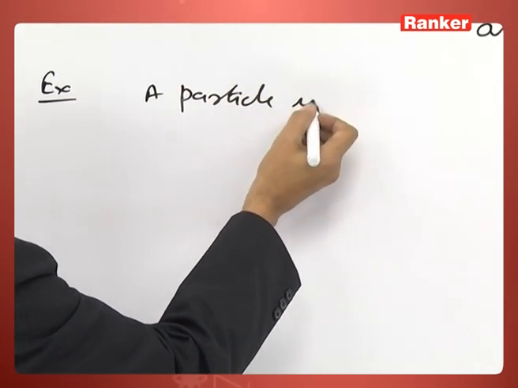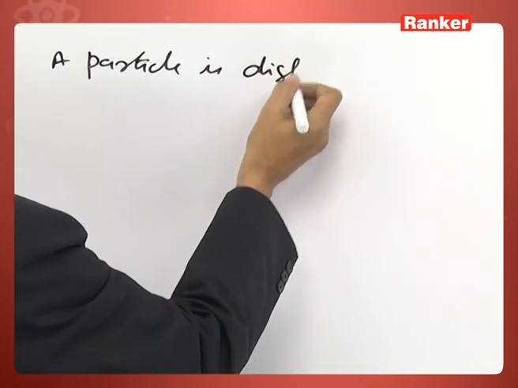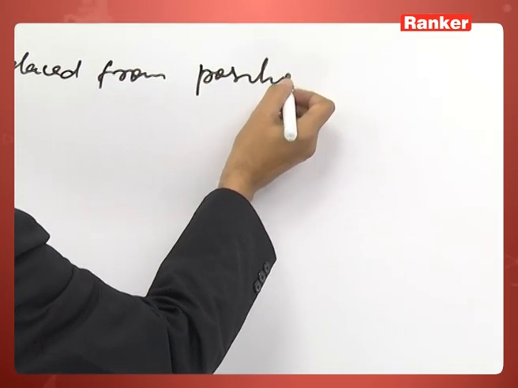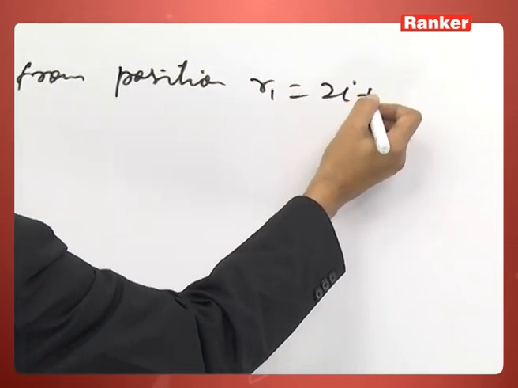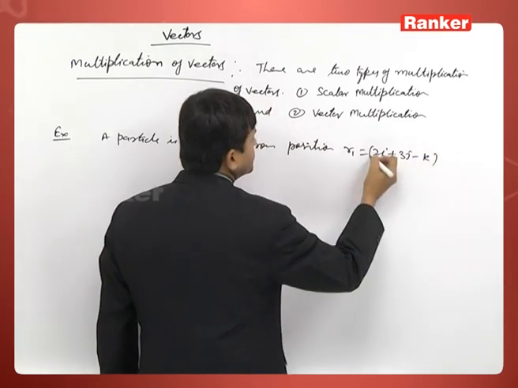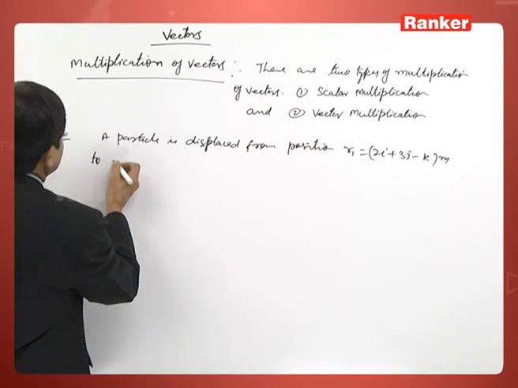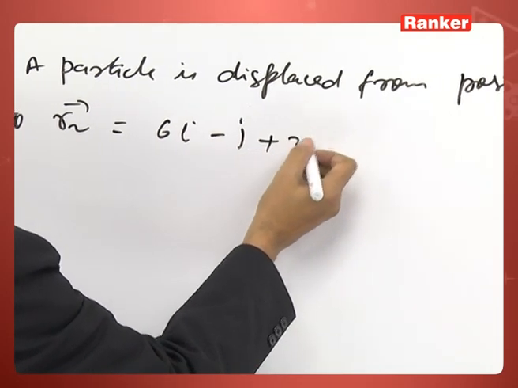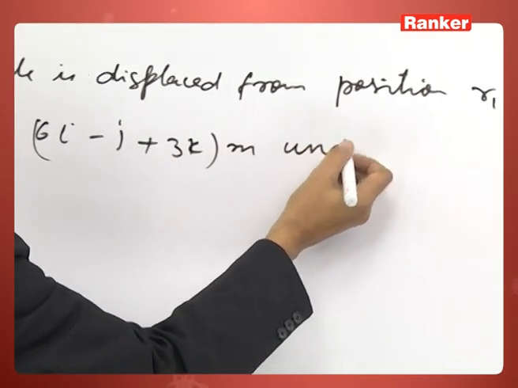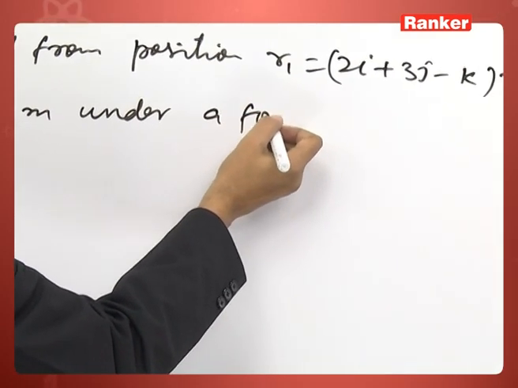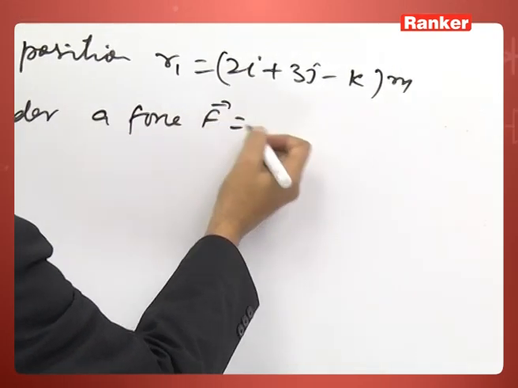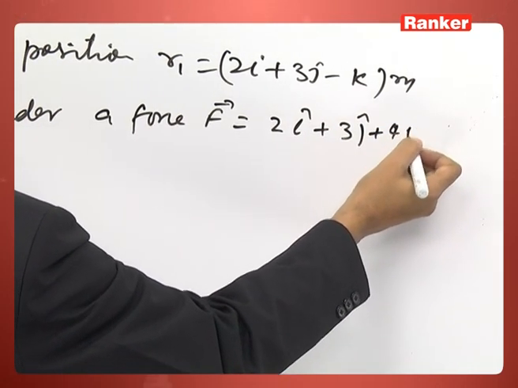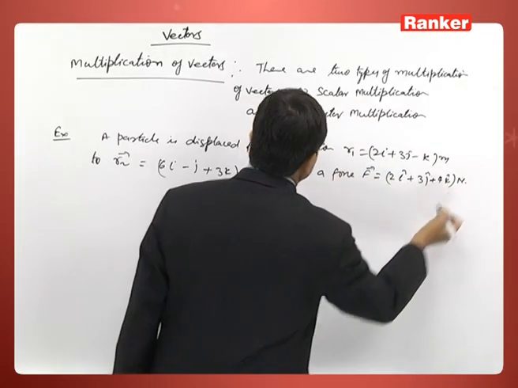A particle is displaced from position R1 equal to 2i plus 3j minus k meter to R2 equal to 6i minus j plus 3k meter under a force F equal to 2i cap plus 3j cap plus 4k cap Newton.